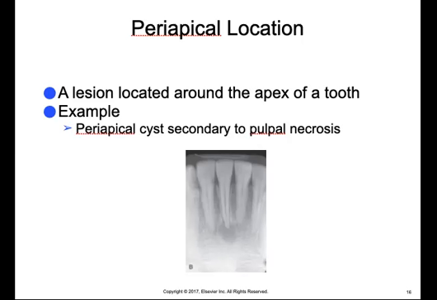As you can see in this image, if you look down where the apex of the tooth is, we see this little bubble, this little round radiolucent area. That's where the infection has invaded the bone structures and is eating away at the bone, which causes a lower density and causes the radiolucency that we see there.